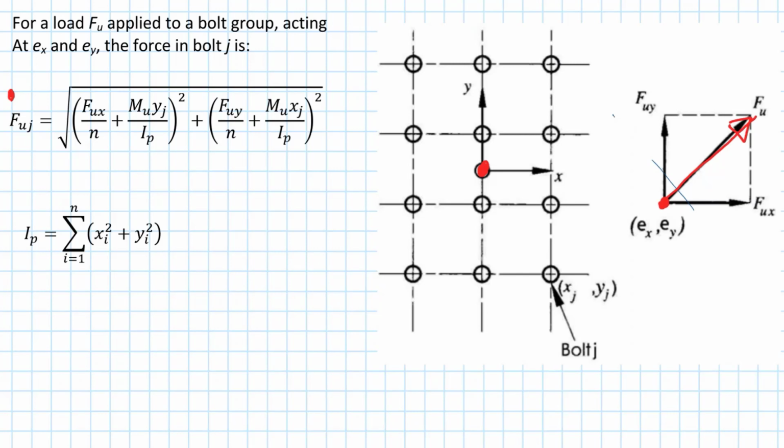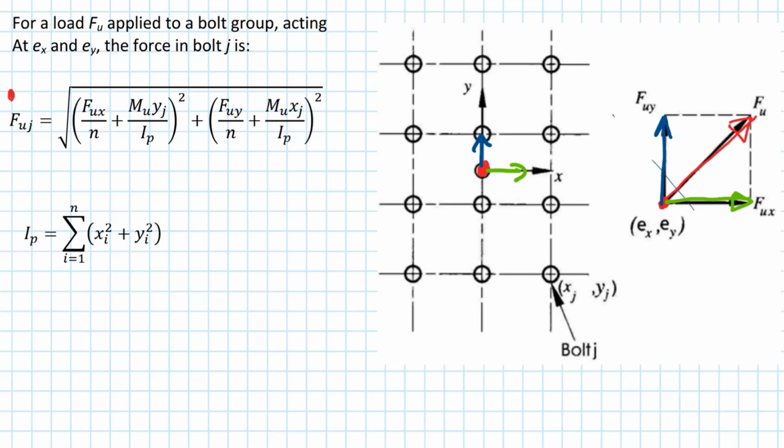Firstly, let's go back to our design on the right hand side. We're going to break this force up into a vertical component and a horizontal component, so that F subscript U becomes FUX and FUY. Those vertical and horizontal components we can transfer to the center, and that force gets divided up equally amongst the bolts in either direction.